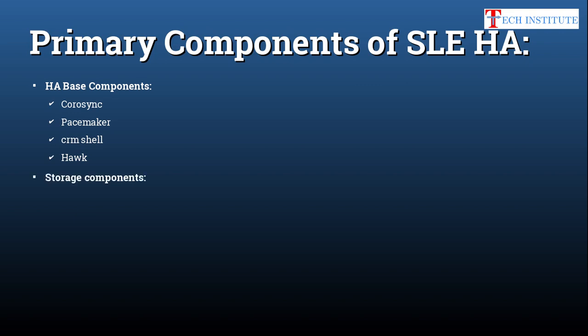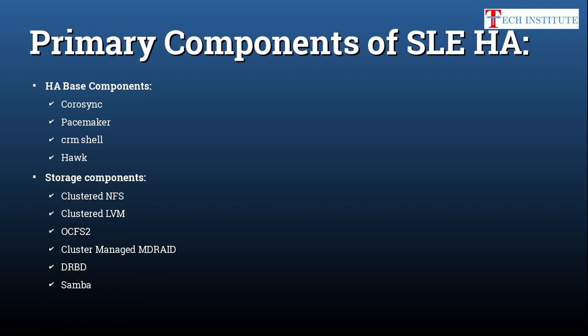Then you have the second component, called the storage component. In the storage component you have NFS, CLVM, OCFS2, cluster MD RAID, DRBD, Samba, and so on. We will learn these in more detail in our upcoming videos where we will be discussing the storage component.